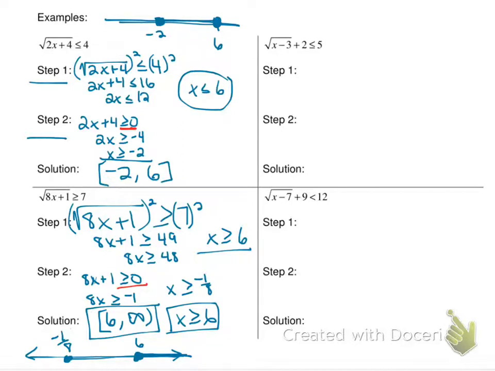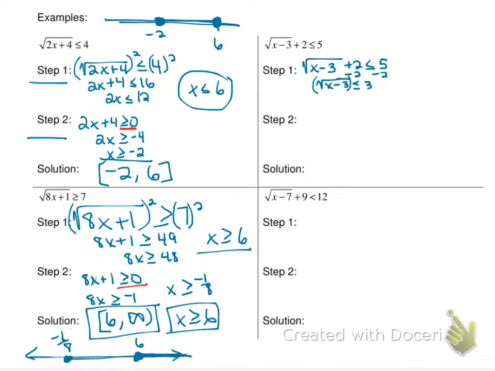So this next one, we're going to do the one at the top. Before I can square both sides, what do I need to do? Okay, hopefully you said subtract 2. So I have the square root of x minus 3, and I have that less than or equal to 3.